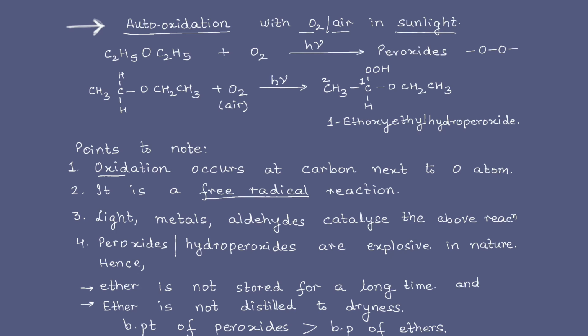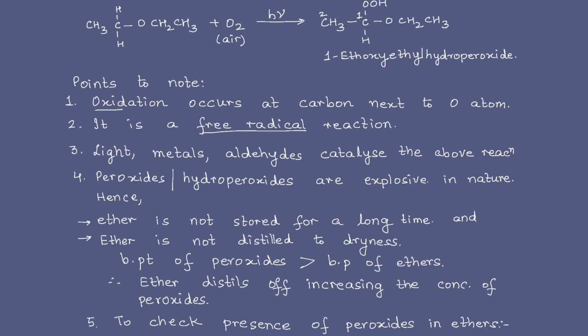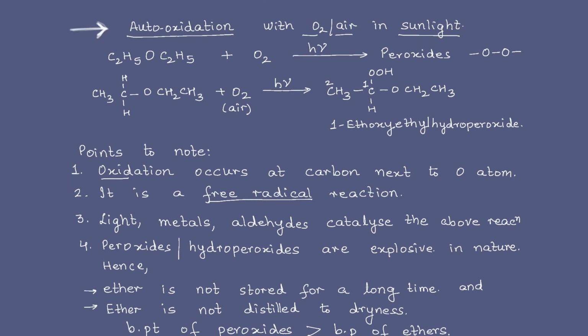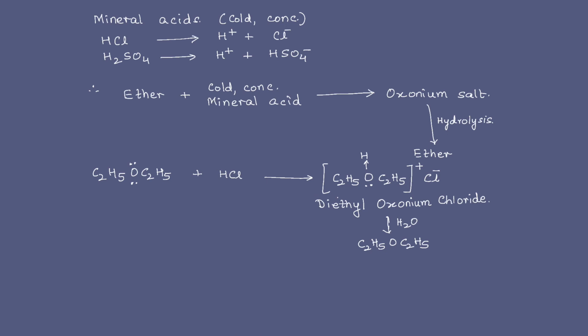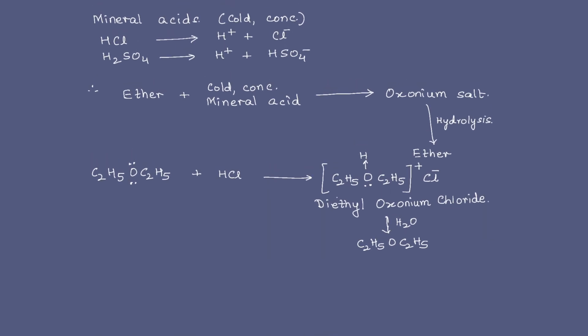I hope you have written all the points down. Okay, one question here. In the previous reaction, I wrote the reaction of ether with HCl, but if you notice, I have also given that it can react with cold concentrated H2SO4.